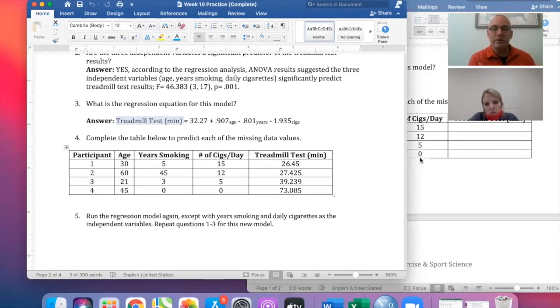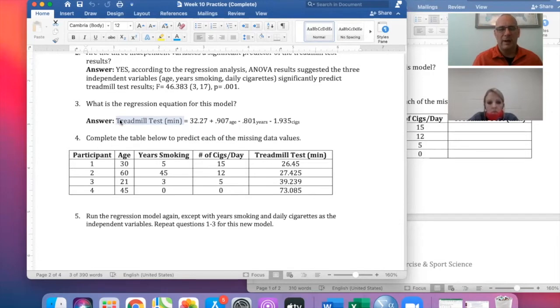Then you can take any other tennis racket that you produce and enter it into your model, and it will predict how long that racket will last. This is very common in manufacturing and business, using regression models to predict an outcome. In this case, we're using the model with multiple independent variables to predict somebody's cardiovascular endurance, which is measured by this treadmill test.